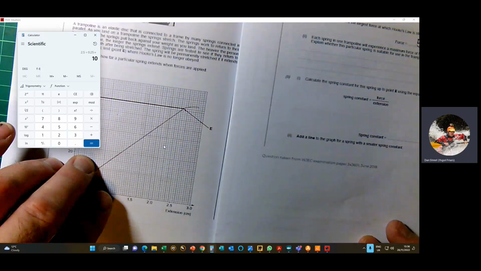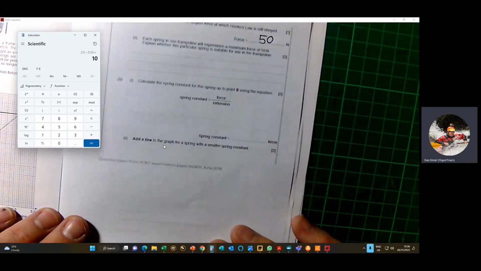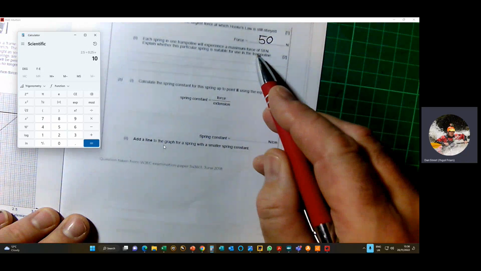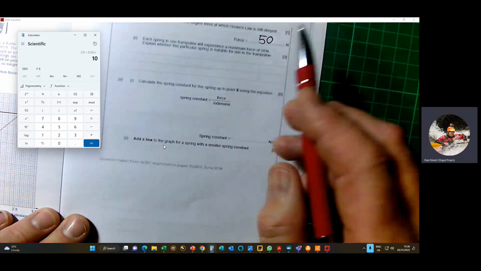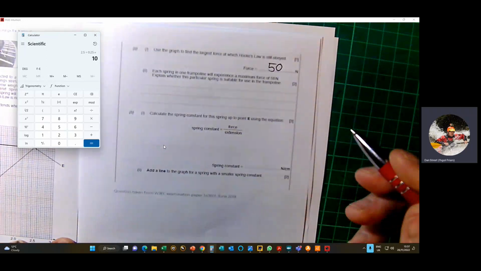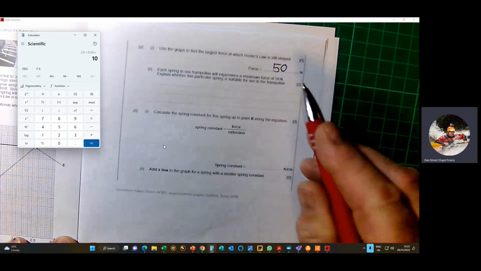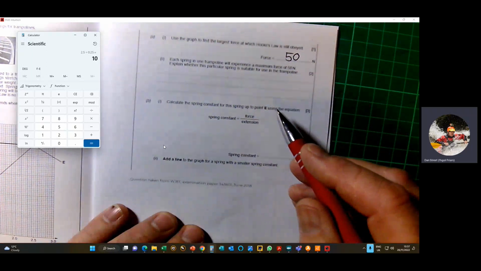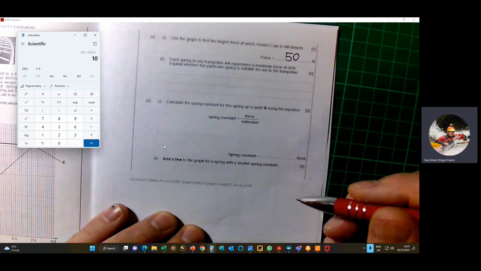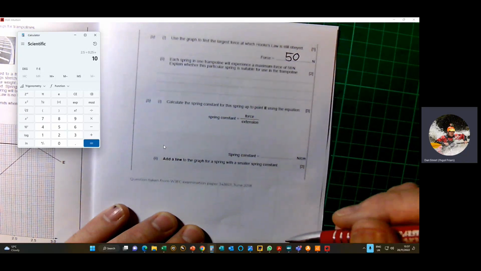Each spring in one trampoline will experience a maximum force of 58 newtons. Explain whether this particular spring is suitable for use in a trampoline. So clearly 58 is more than 50. So if you were to use these springs, then very quickly they would become stretched, and therefore the trampoline would no longer return back to level.